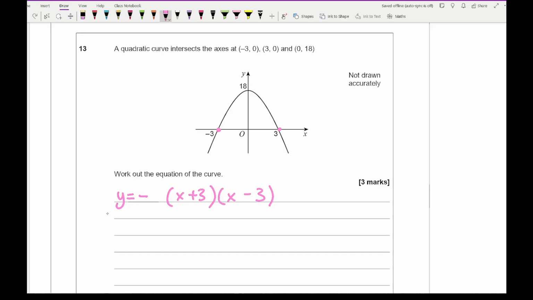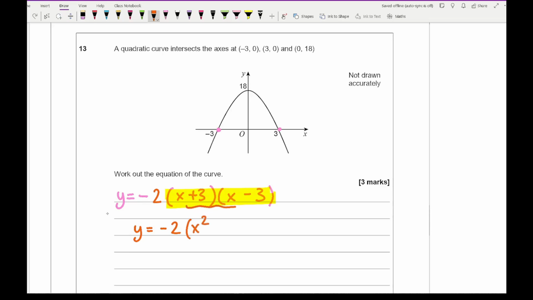But the problem is that when I expand this out, I'm going to end up with minus 9 and I want positive 18. So rather than having 9, I want 18. I need to times that by 2. So then this becomes an equation of y equals minus 2, and then it's going to be (x plus 3)(x minus 3).